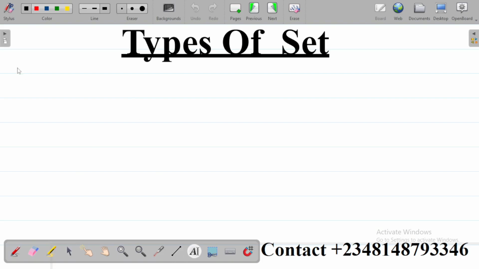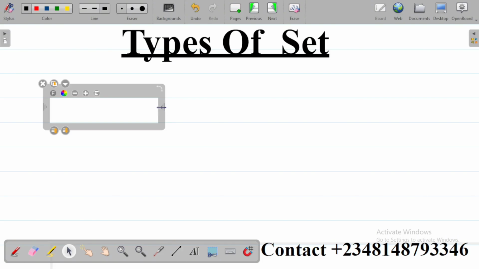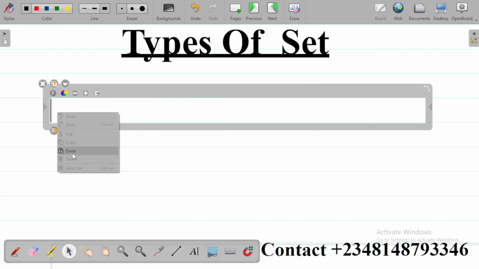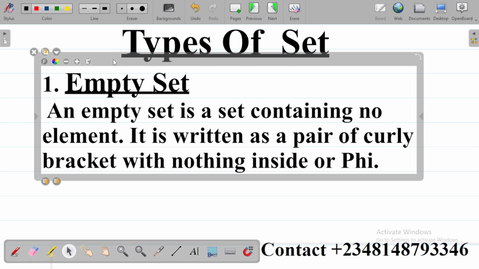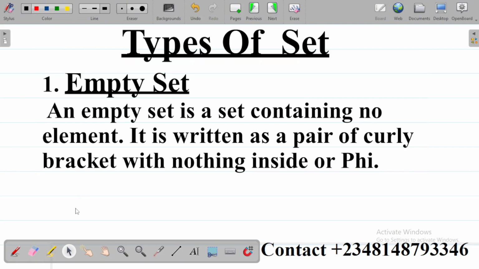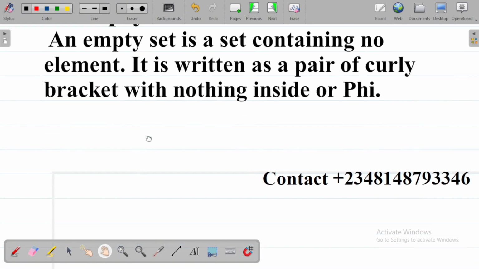The first type of set here is the empty set. What is an empty set? An empty set is a set containing no element. It is written as a pair of curly brackets with nothing inside, or phi. All right, so let's take an example.